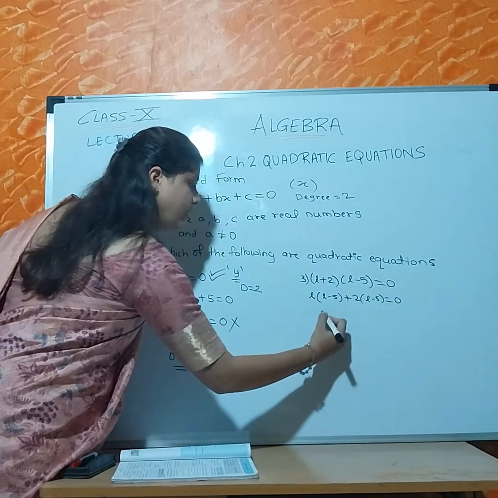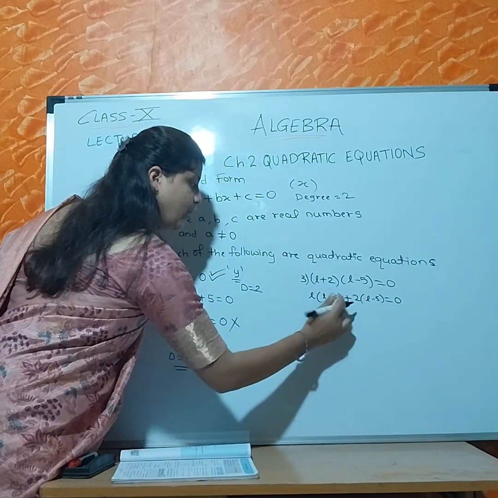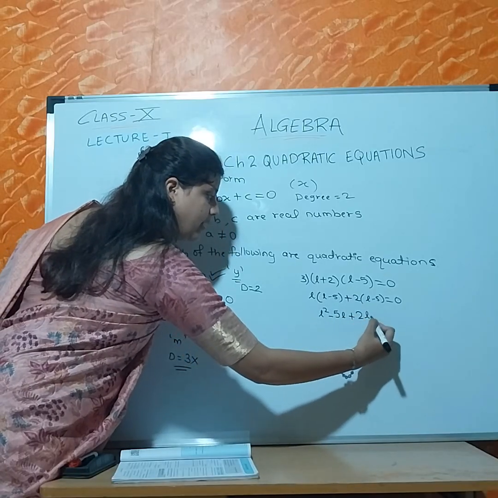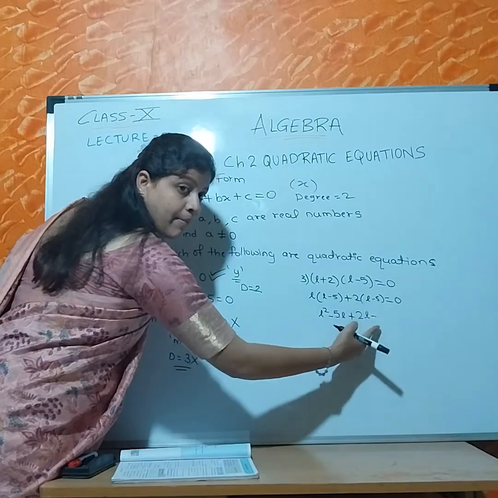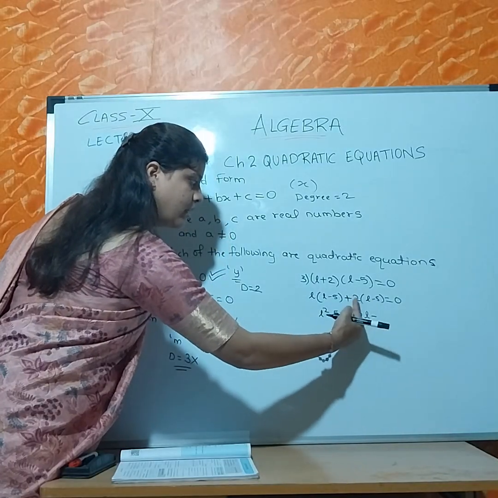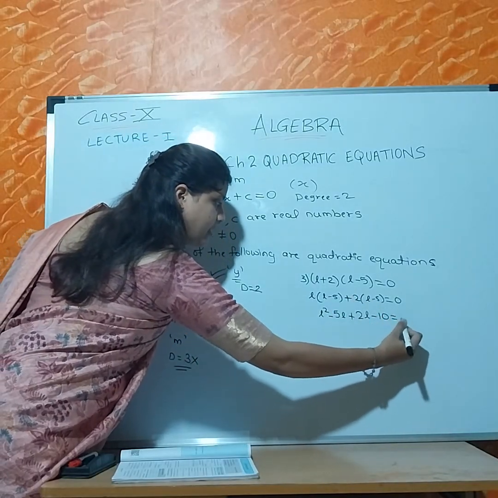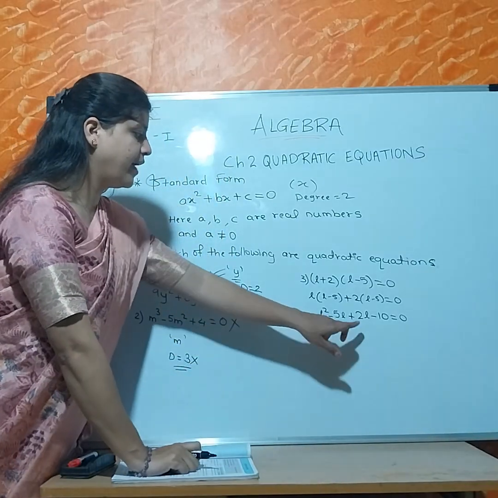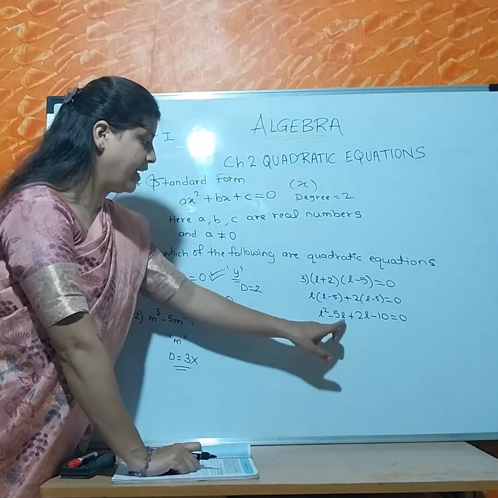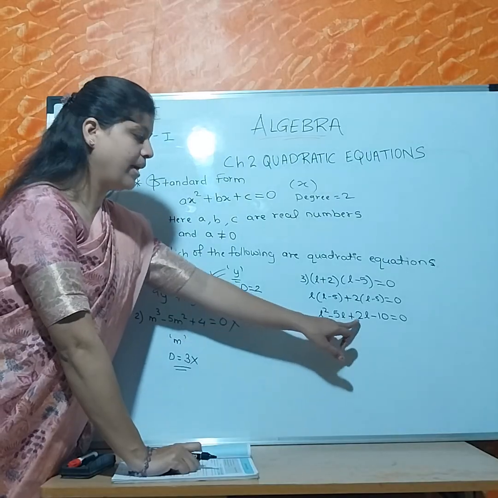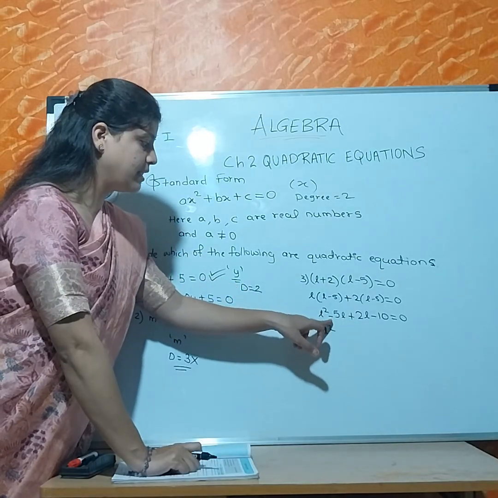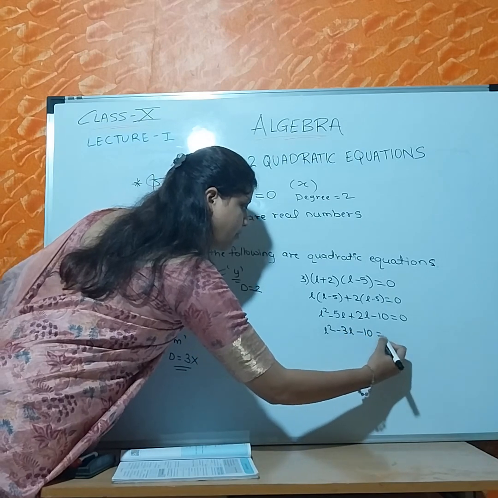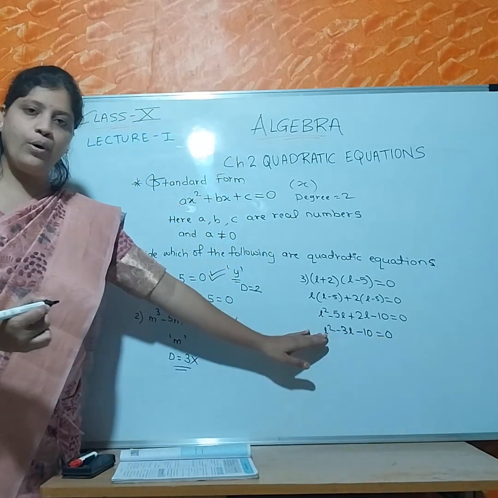So L into L, L square, minus L into 5, 5L, plus 2 into L, 2L, minus, why minus? Because plus into minus is minus, 2 into 5, 10 is equal to 0. L square. Now minus 5L plus 2L, what will be the answer? Minus plus minus. 5 minus 2 is 3 and bigger number sign minus. So minus 3L minus 10 is equal to 0. This is our required equation.